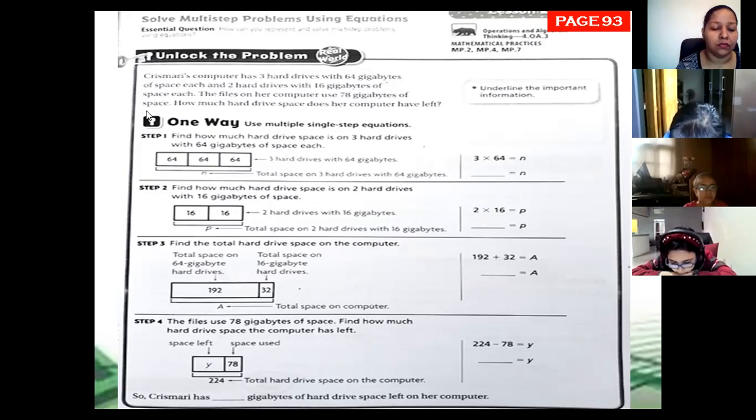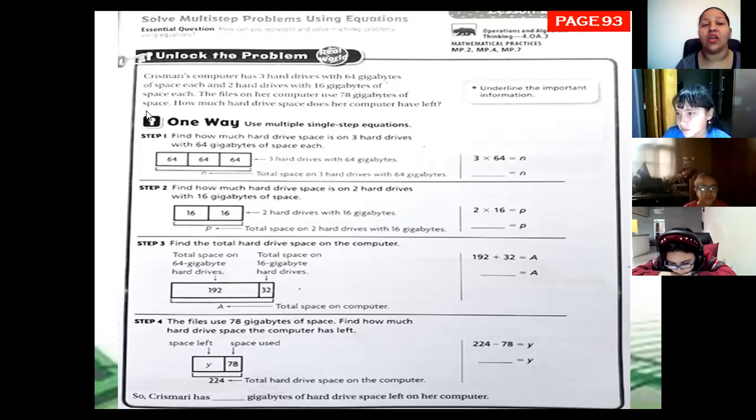The files on her computer use 78 gigabytes of space. How much hard drive space does her computer have left?